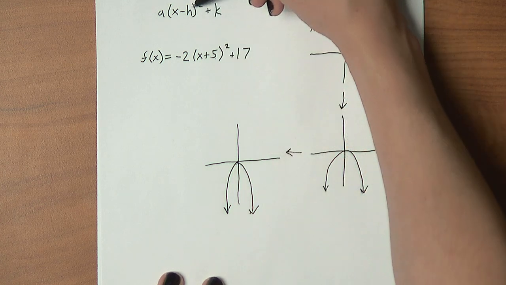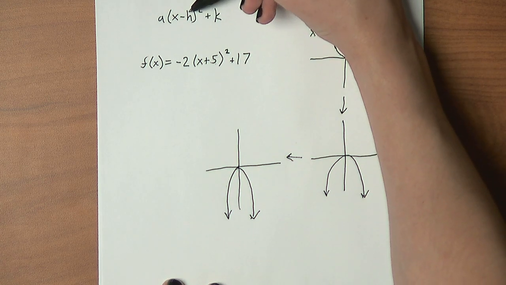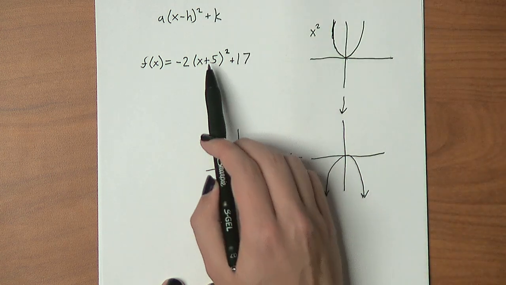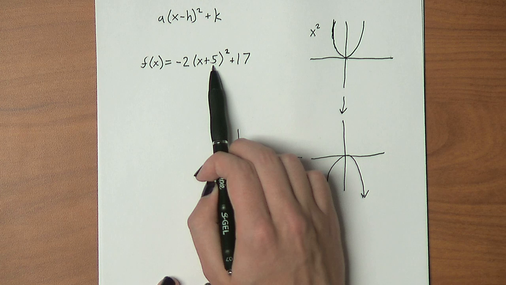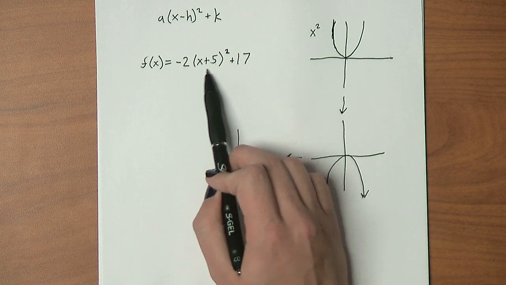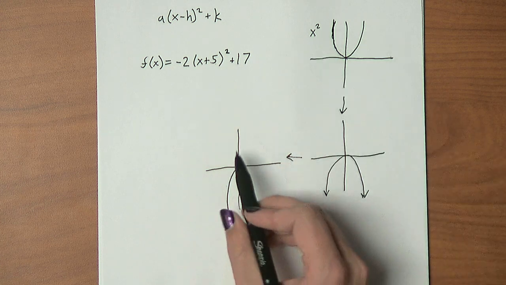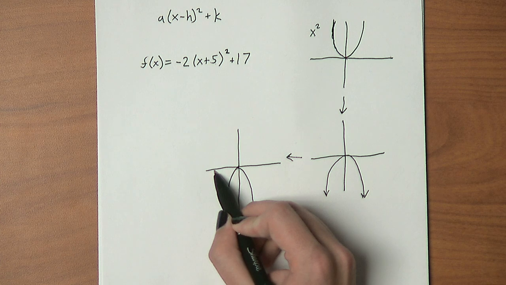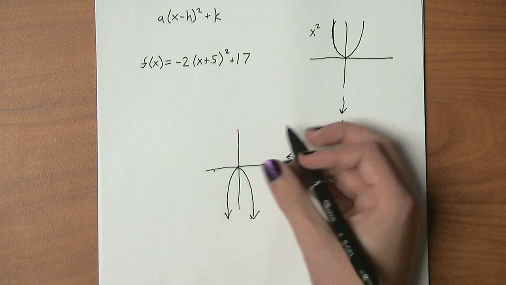And you can see here that in our original formula we have a negative h. And so this is going to make this number here be the opposite of what it looks like. So it looks like a positive 5, but instead we're going to go over to negative 5. We're going to go to the left since there's a positive.